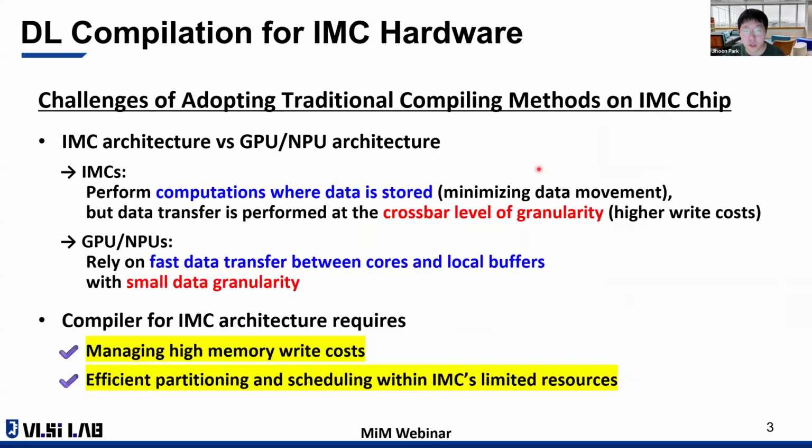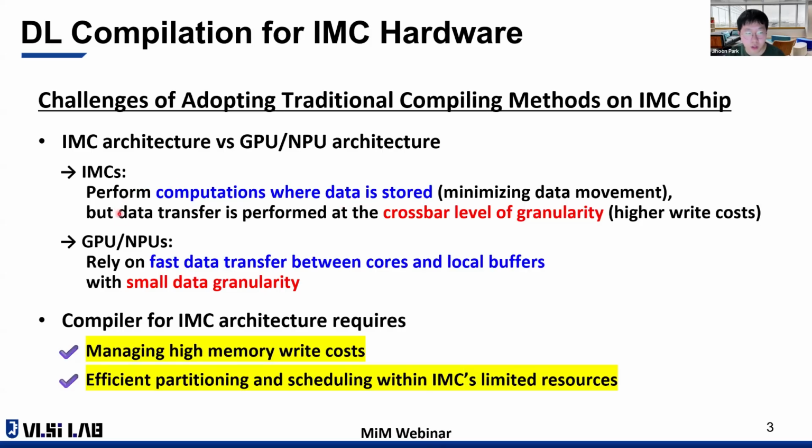But there are some challenges of adopting the traditional compiling method on an IMC chip, because there's an inherent difference between GPU and NPU architectures and an IMC architecture. The main thing is that the IMC architecture performs computation where the data is stored, and they want to minimize the data movement as much as possible. So they usually take the weight stationary approach so that they don't move the weights as much as possible.